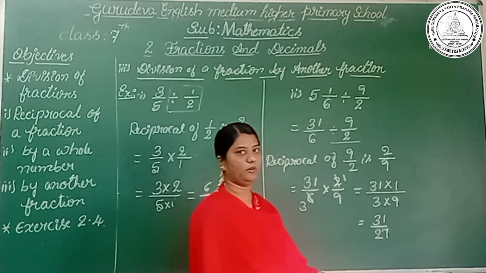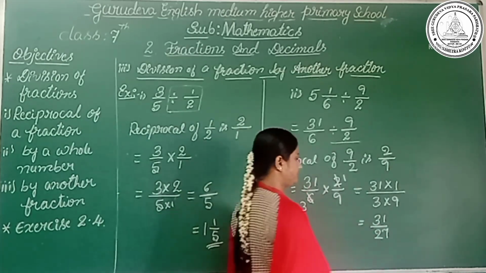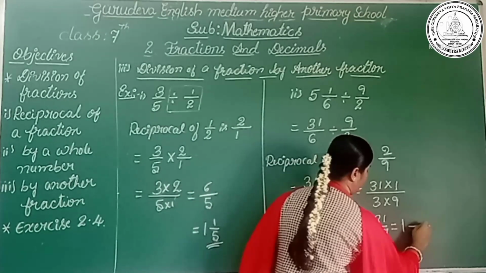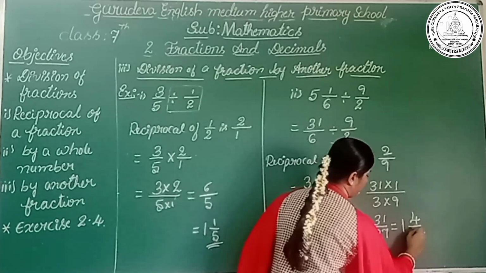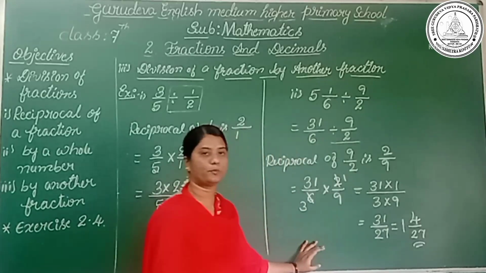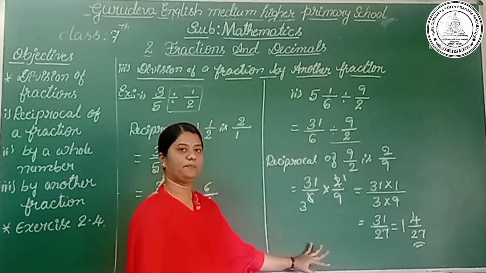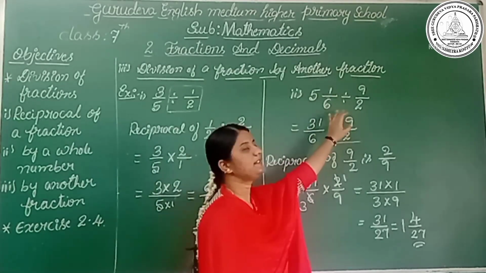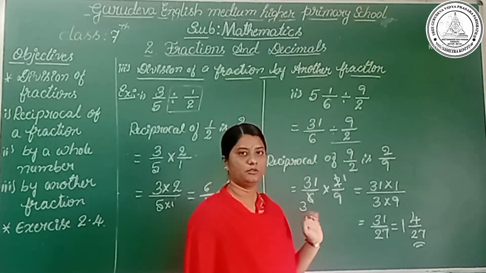Then convert this into a mixed fraction, which is equals to 1 whole 4 by 27. Clear? So it is the quotient of 5 whole 1 by 6 divided by 9 by 2.